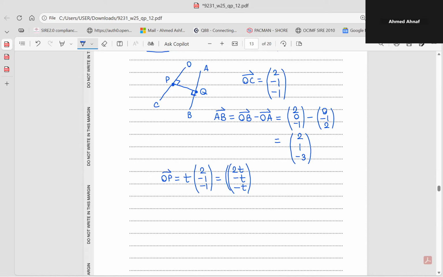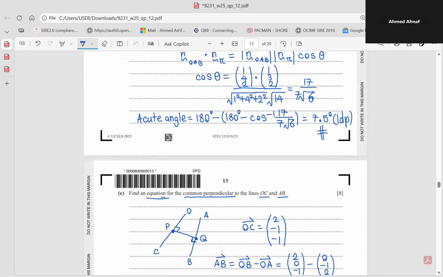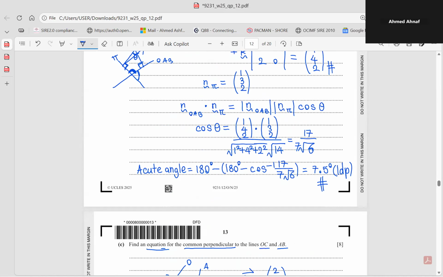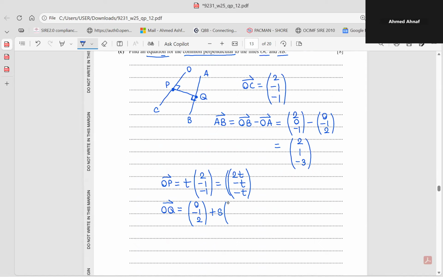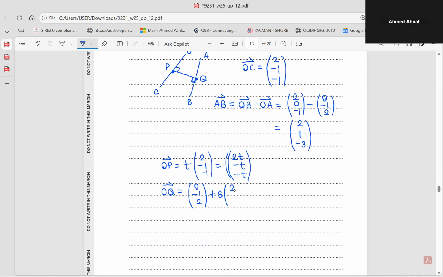Okay, and then for OQ, it's just OA. Again, this is the vector equation of AB. So it's OA, (0, -1, 2), plus s times AB. So s times (2, 1, -3) equals (2s, s - 1, 2 - 3s).